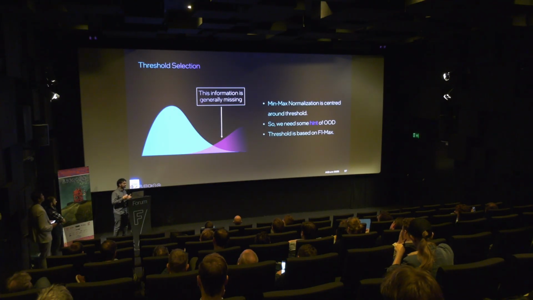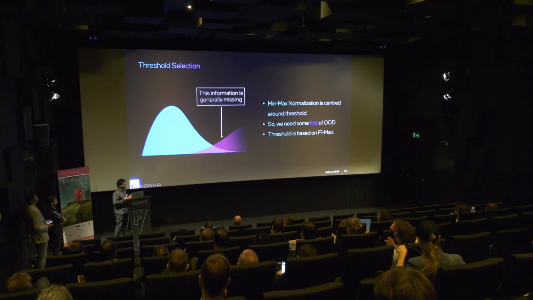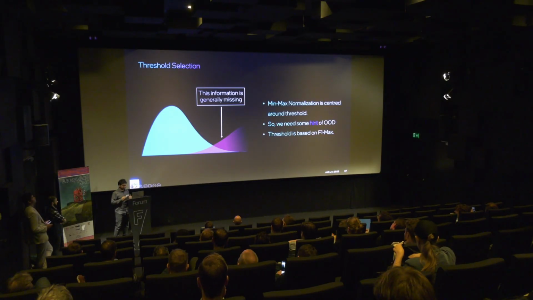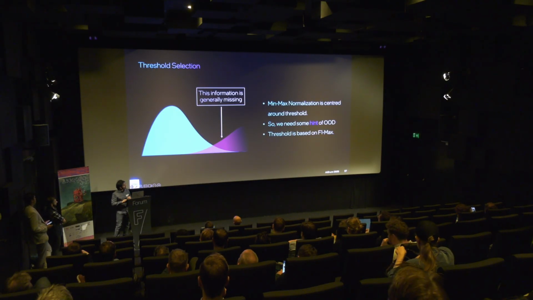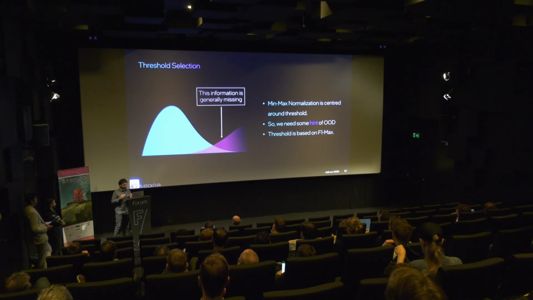So a naive way to select a threshold is, let's say, something around 6 sigma. Okay, my mouse is not working, but something around 6 sigma. If you assume a normal distribution, you can just say 6 sigma. That's very industry standard, right?